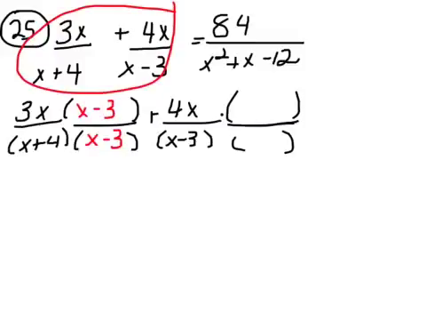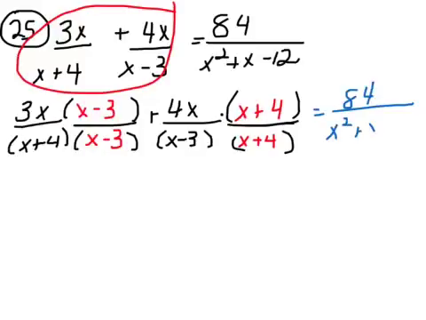And the x plus 3 over here, it needs an x plus 4 to have a common denominator. So if I do it to the bottom, I got to do it to the top. And all of this equals this right-hand side. And right now, I'm not even worried about the right-hand side. I'm just leaving it alone, because it's at least a fraction, right?